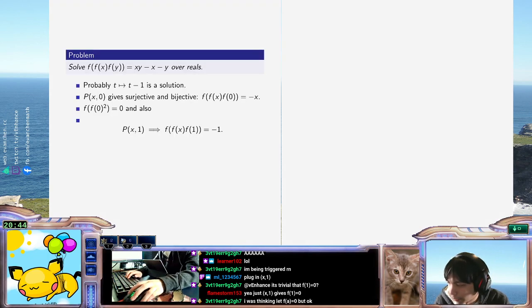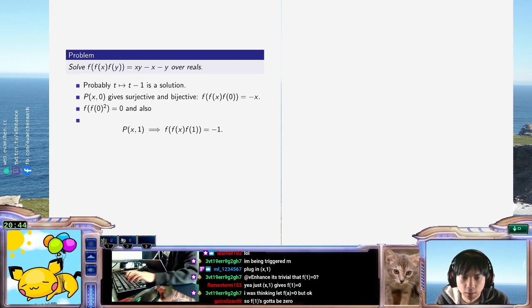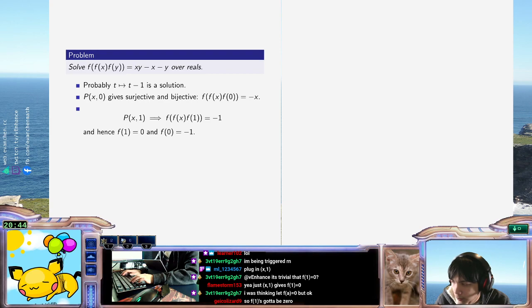Yeah, but this will imply f(1) is identically 0 because otherwise you have a bijection. And hence f(1) equals 0 and f(0) equals minus 1. Okay, so this equation doesn't do anything more. Well, actually, if f(0) is minus 1, now f of minus f(x) is equal to x.